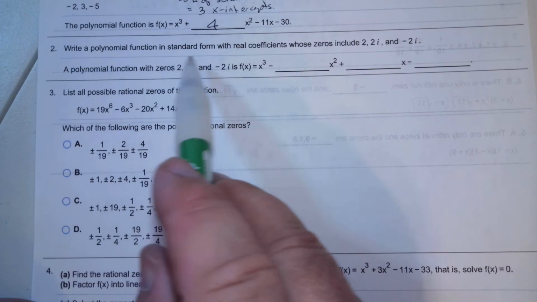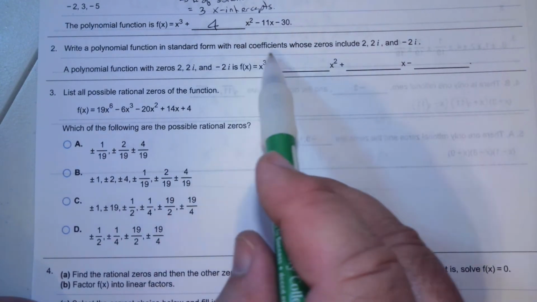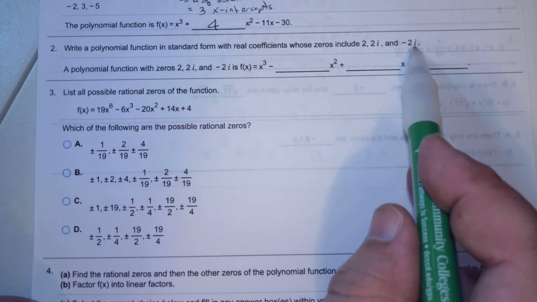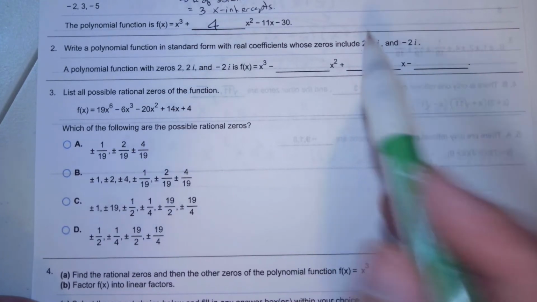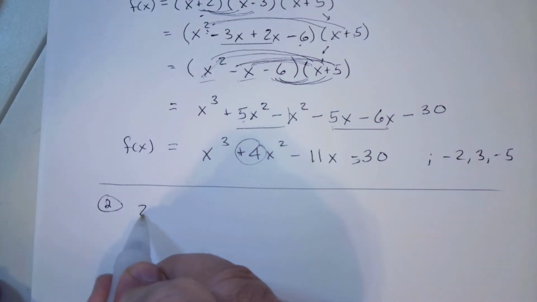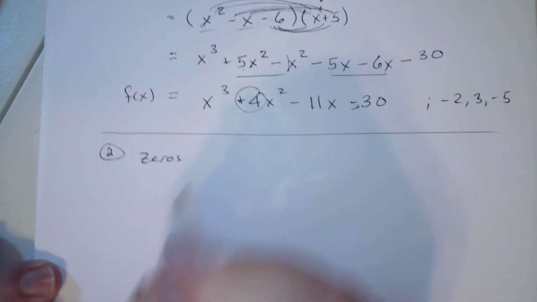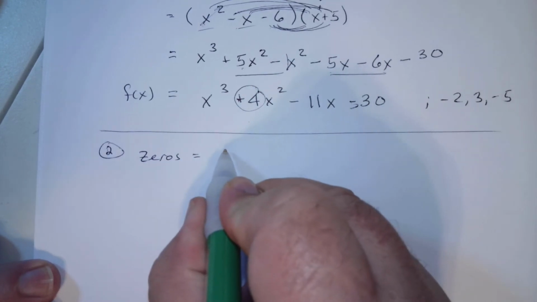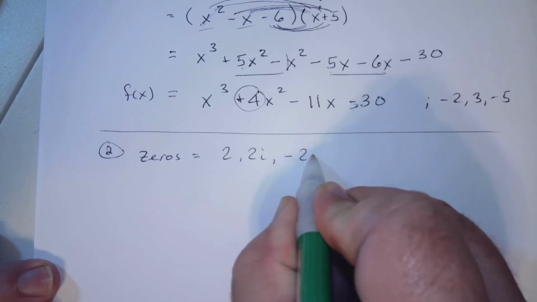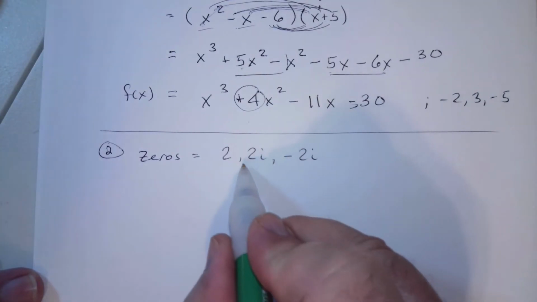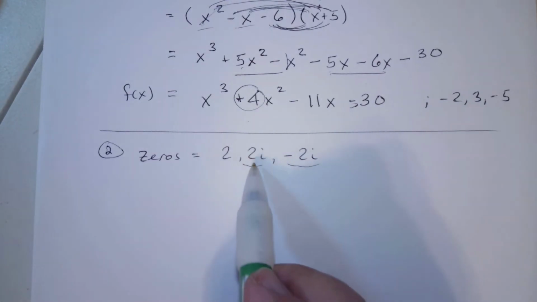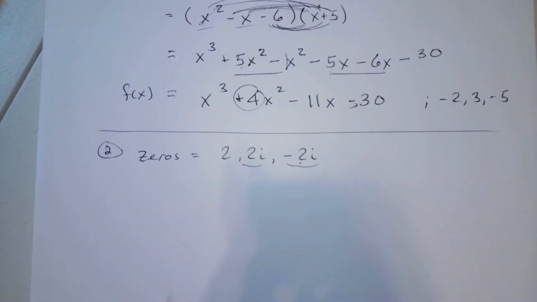Write a polynomial function in standard form with real coefficients whose zeros include 2, 2i, and negative 2i. So our zeros are 2, 2i, and negative 2i. Remember, whenever you have imaginaries, they have to come with their conjugate. Since we have 2i, we have to have negative 2i. So there we go.